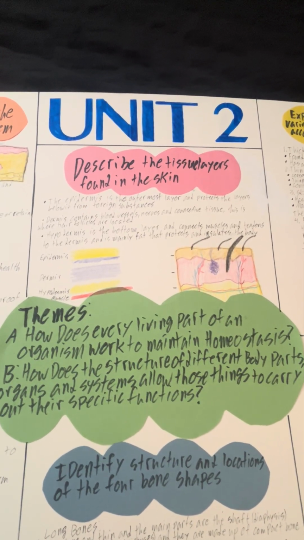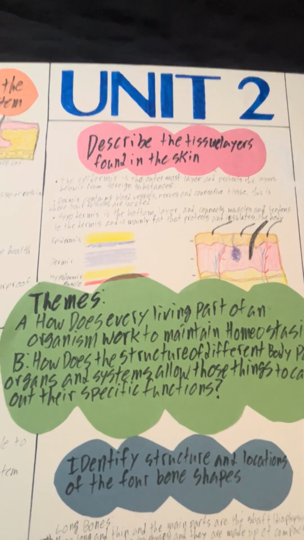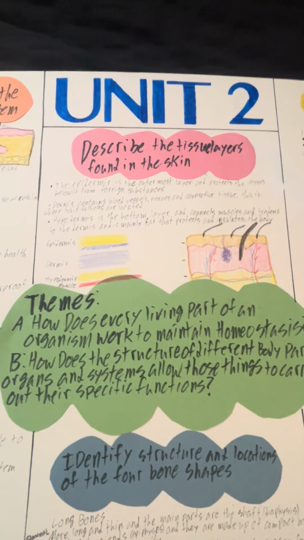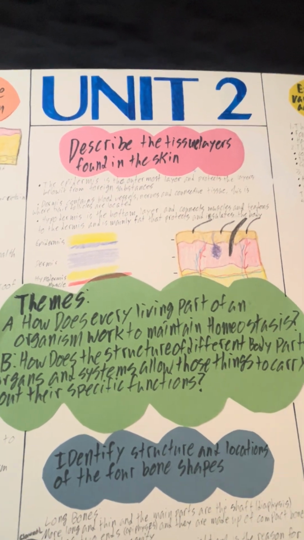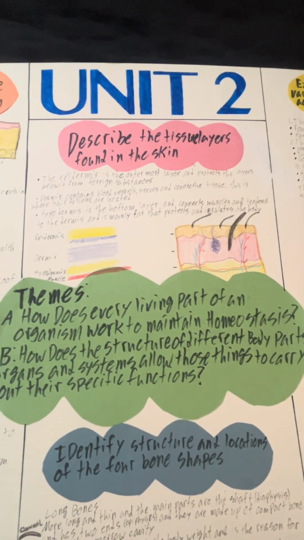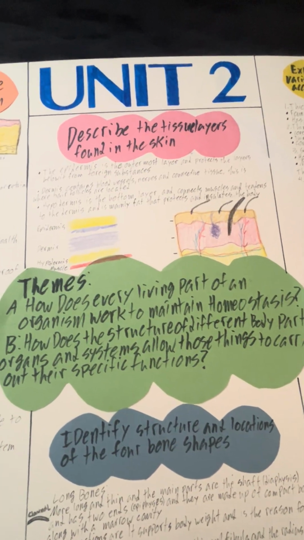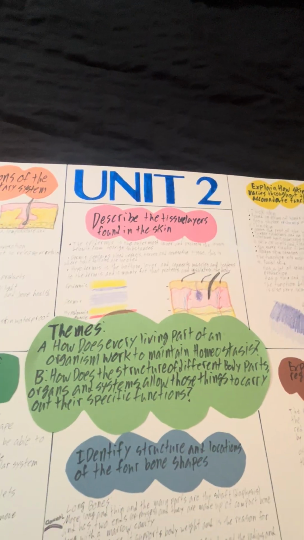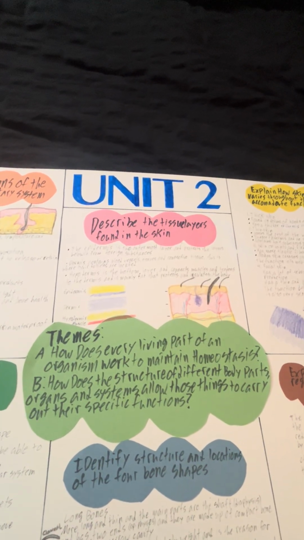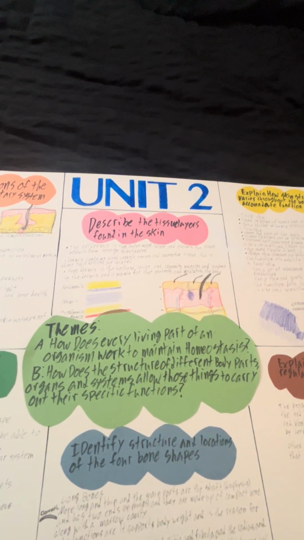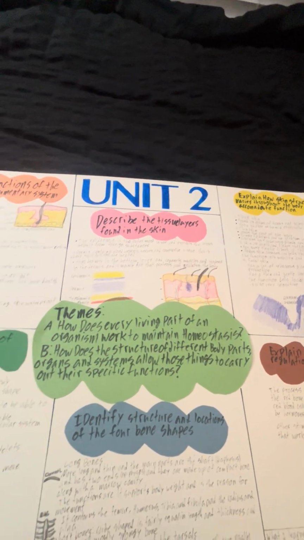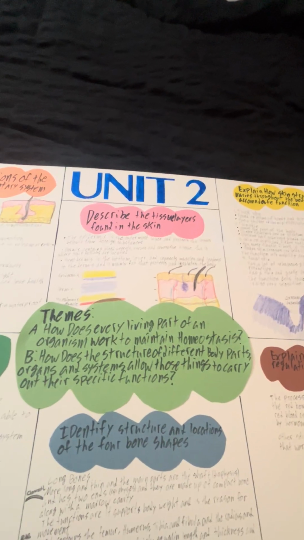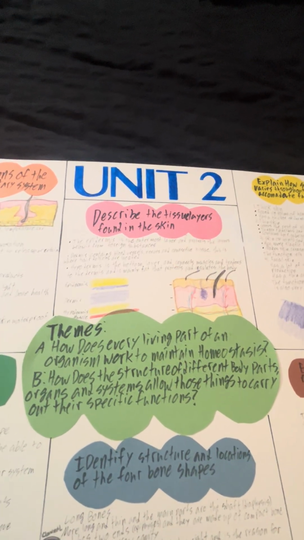It needs to protect our nerves and our pressure receptors from bacteria and anything outside that is coming in trying to damage our body. And this allows the structure of different body parts to work hand in hand with other systems of the body to maintain homeostasis.